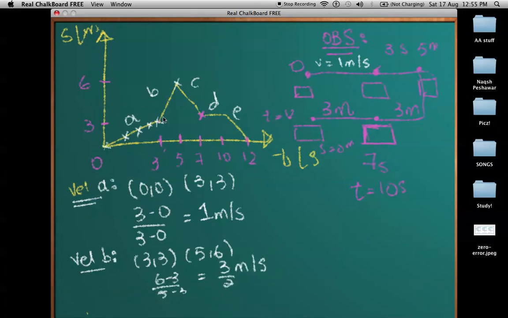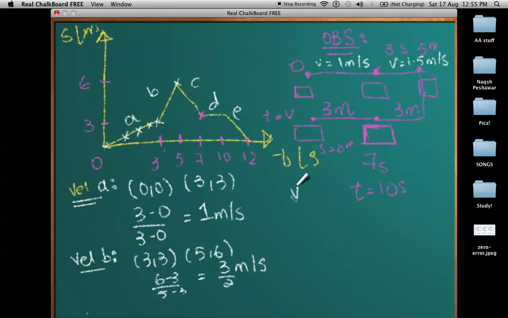Again, the gradient is positive, which I can clearly expect from here. So this means 1.5 meters per second. A constant velocity of 1.5 meters per second from this time to this time. It was moving at the same velocity throughout these two intervals.